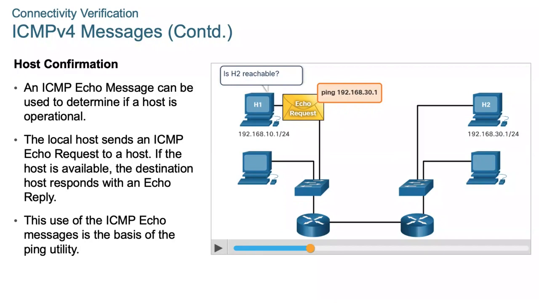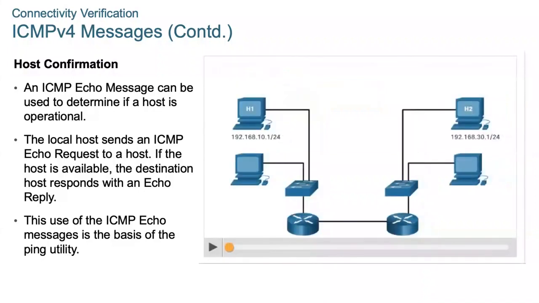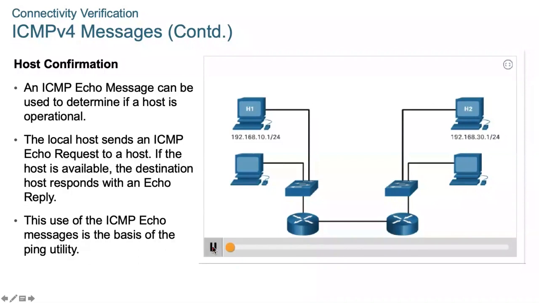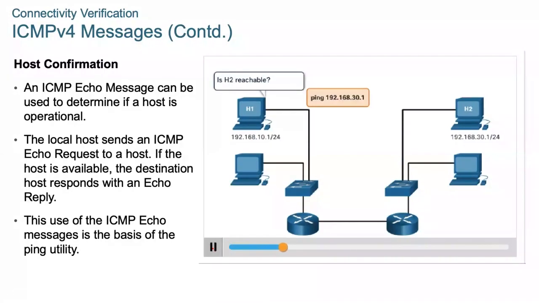So the local host here, H1, sends the ICMP echo request to the host H2. We can see the animation to check whether they are reachable or not. Host 1 tries to send a ping packet to host 2.